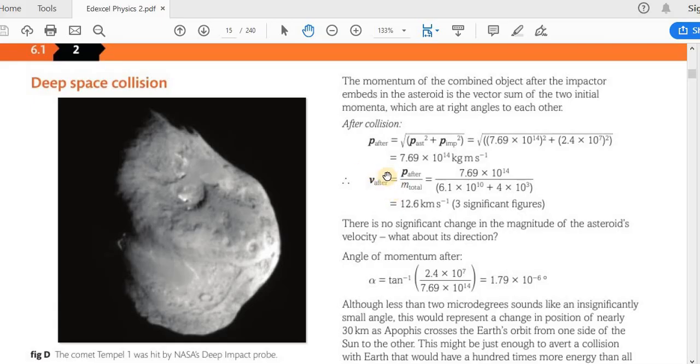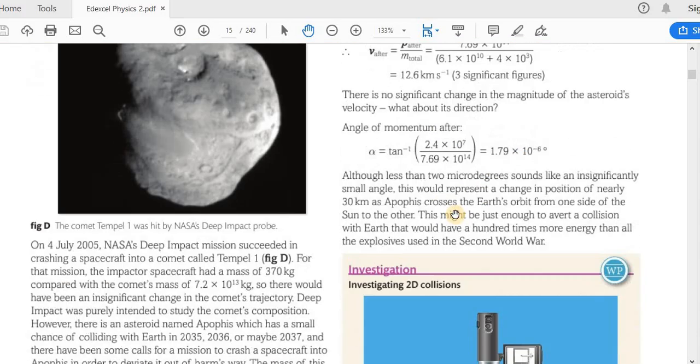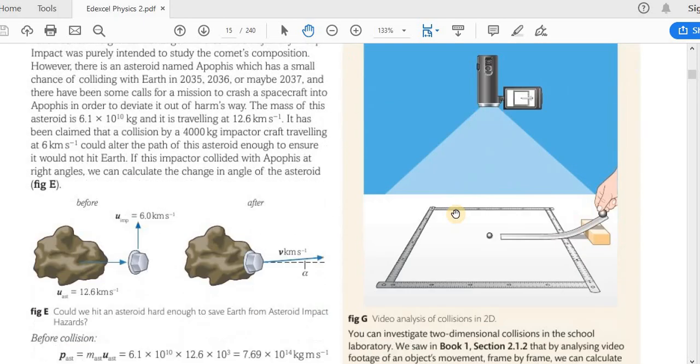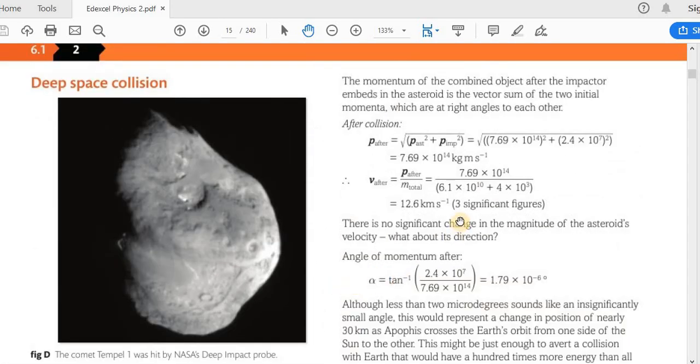Both are moving together, so they have the same velocity. The mass, you can consider it as one body, which is the sum of the individual masses. Then you get 12.6 kilometers per second. You saw, before also 12.6, after also 12.6, that is because we round it off to 3 significant figures.